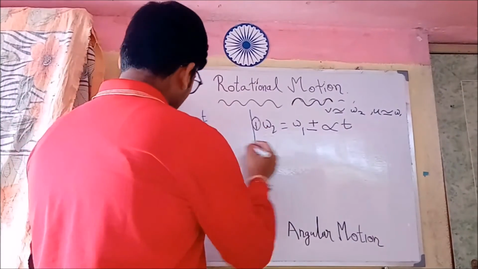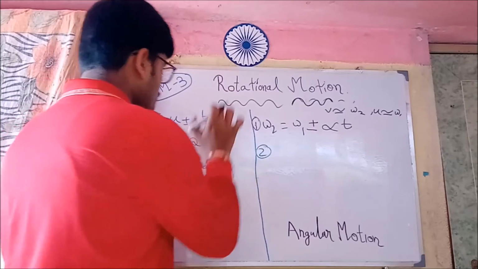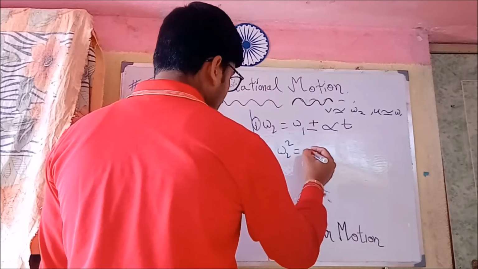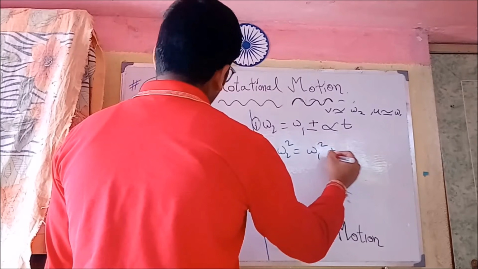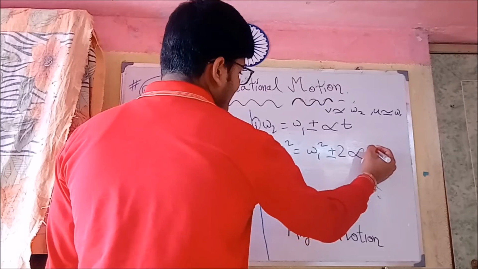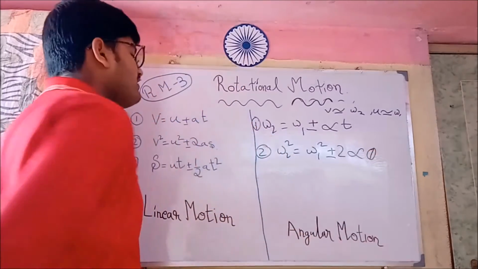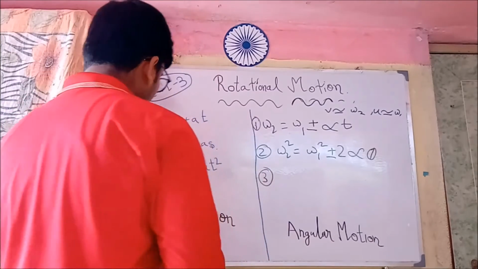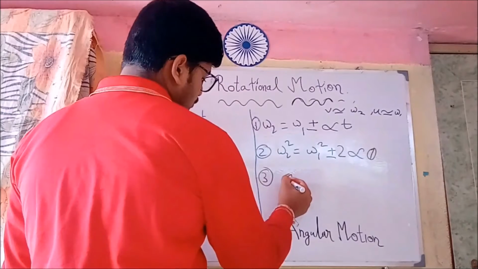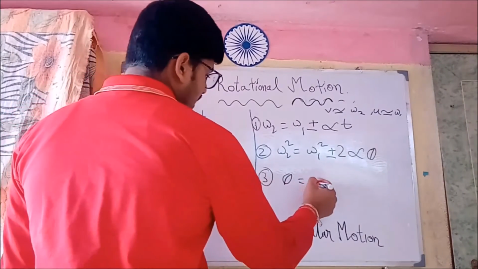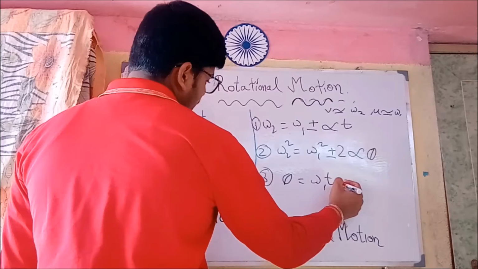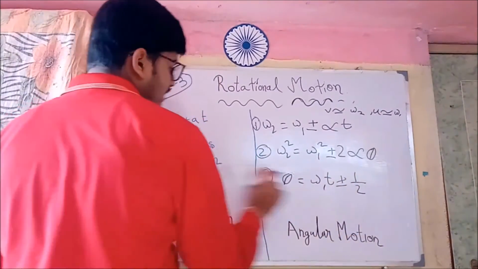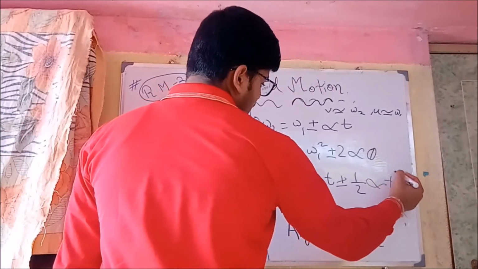The second formula, in a similar way, v square equals u square plus minus 2as, is converted to omega 2 square equals omega 1 square plus minus 2 alpha theta, as we know angular displacement is theta. And number 3 is theta equals omega 1 t plus minus half alpha t square.